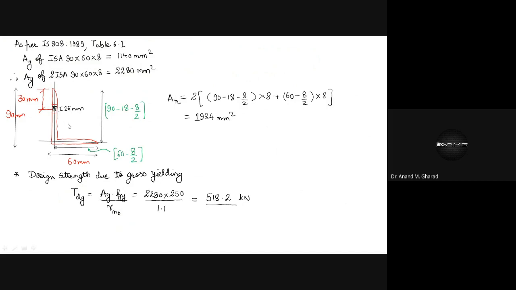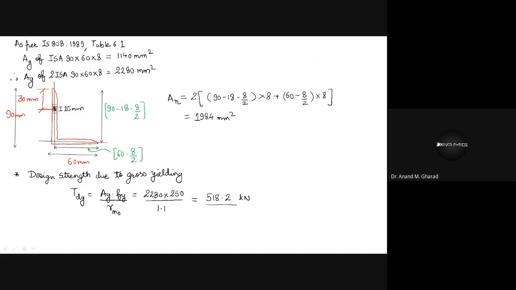Is it 2 mm? Yes. Is the clearance 2 mm for a 16 mm bolt? Please let me know.